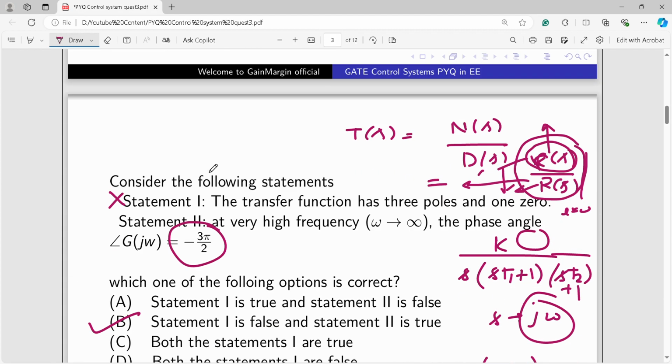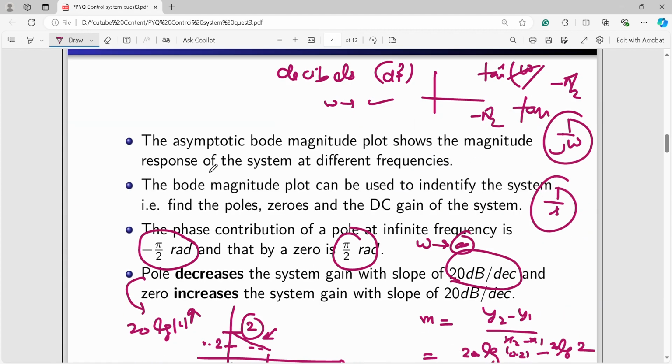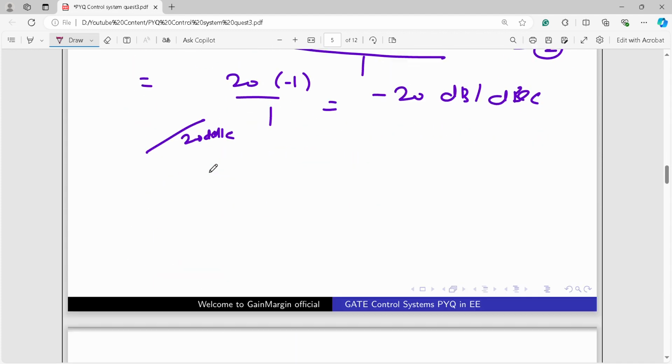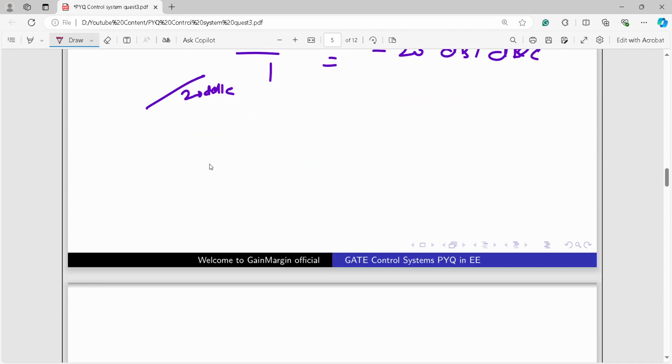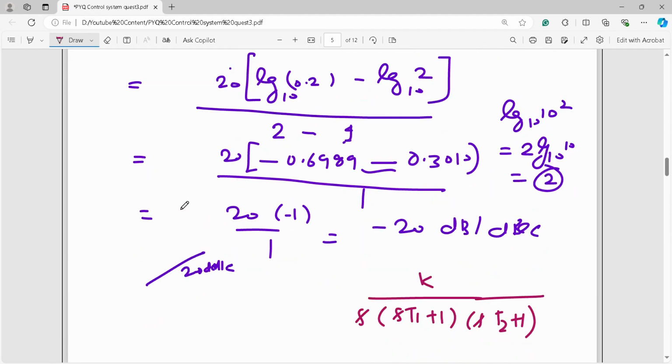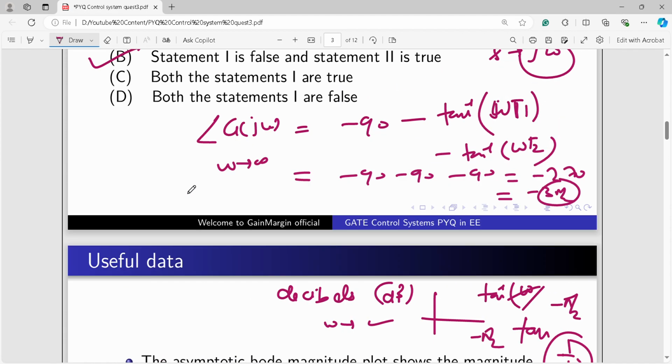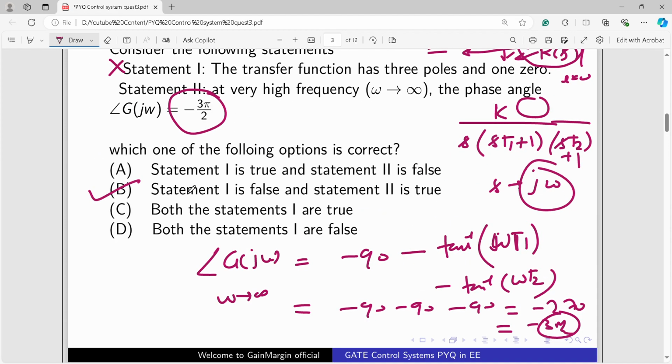As we know, the transfer function is K over s(s t1 plus 1)(s t2 plus 1).